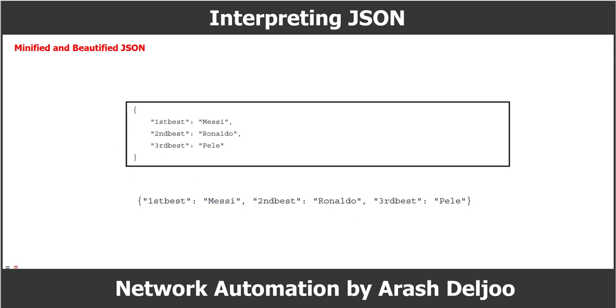Most of the tools you might use when working with JSON will let you toggle from a pretty format, good for humans, to a raw format, good for computers. You might see the pretty version called pretty, beautified or spaced, while the version with no extra white space might be called minified or raw.